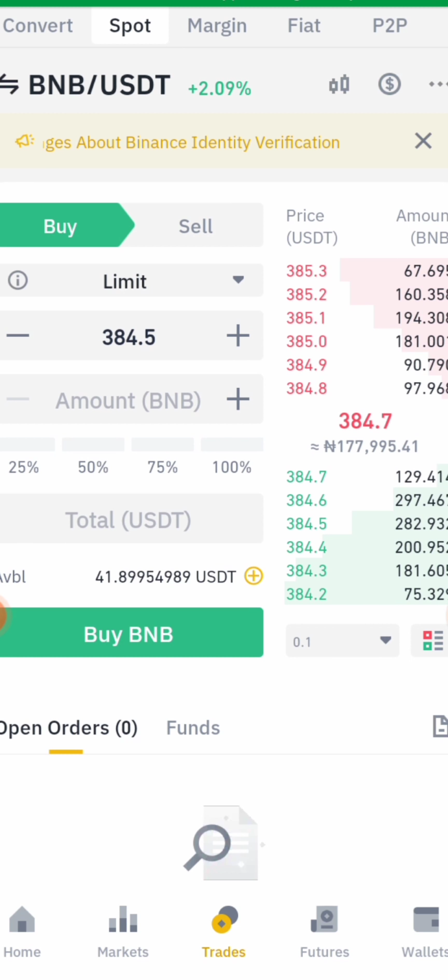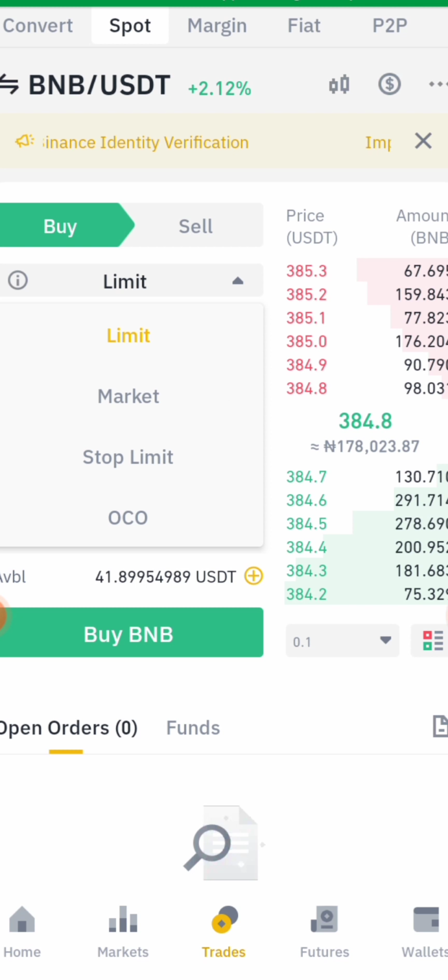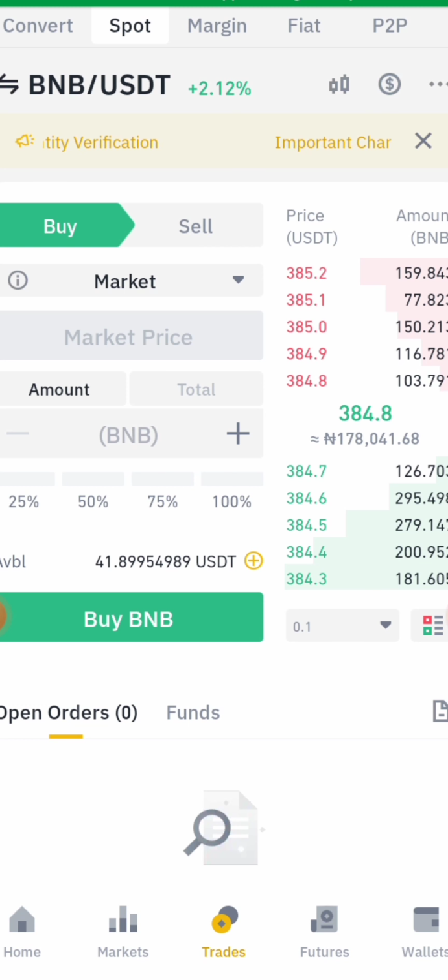Now, if you want to use market order, you just set it. But like I've told you, whatever you do using market order is automatic and instant. If you buy using market order, it goes directly into your wallet.